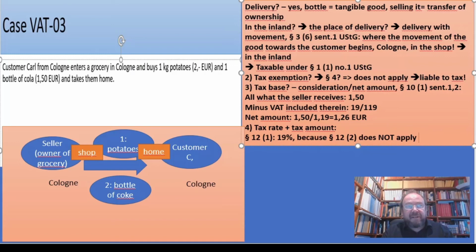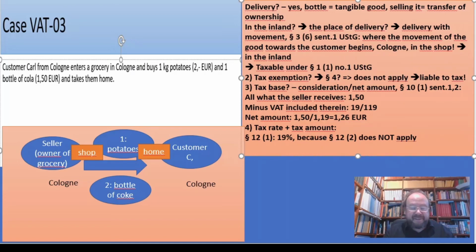Coffee only in the poor people's version of coffee powder. Tea only in the dry variant, so not hot and prepared for consumption. Milk is 7%, but nearly everything else is 19%.